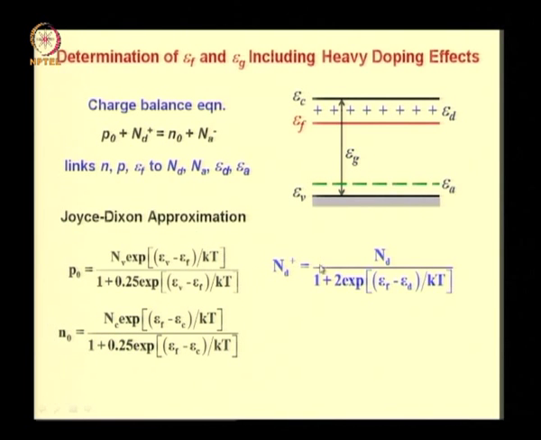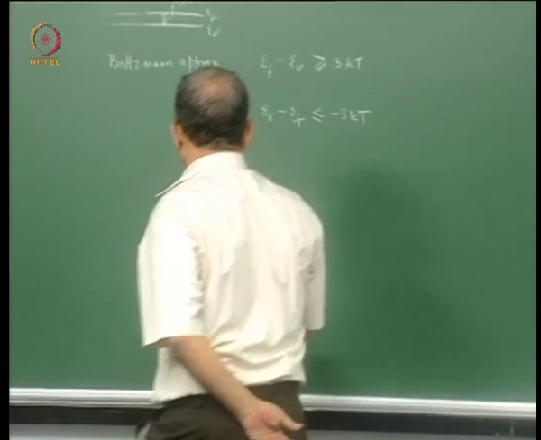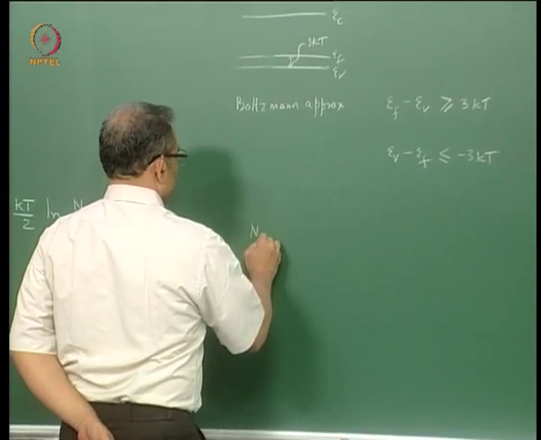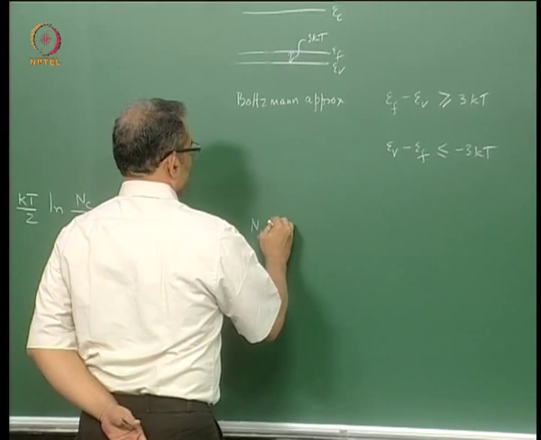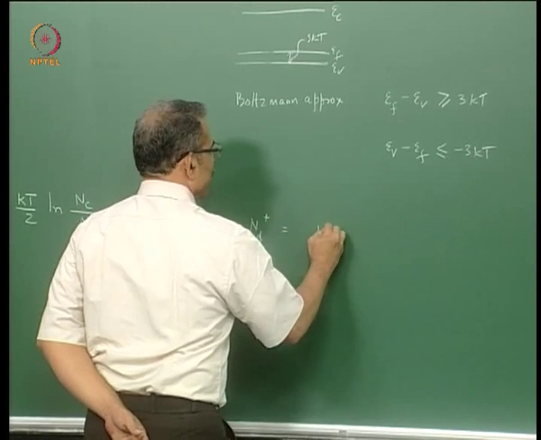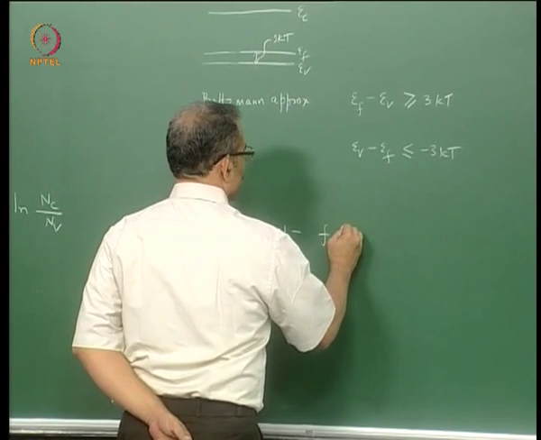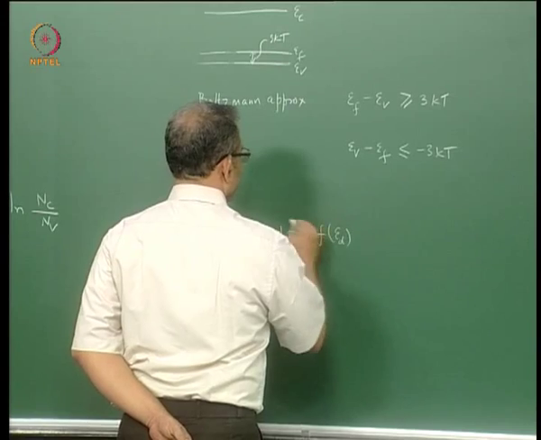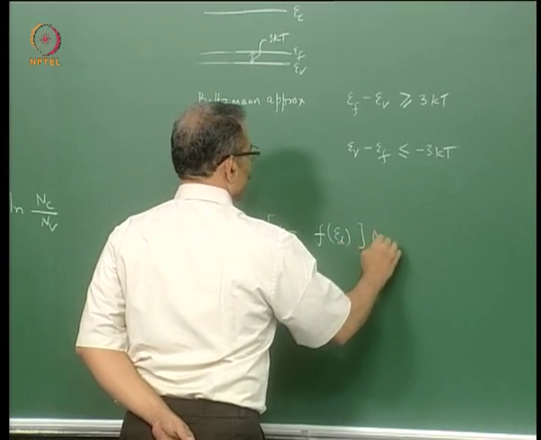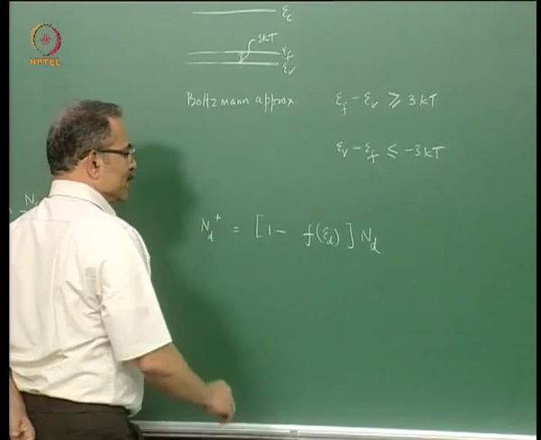The expression for Nd+ in this equation is given by Nd by 1 plus 2 times exponential Ef minus Ed by kT. This you would have come across in the first level course. So Nd+ is equal to 1 minus the fraction of occupied states at Ed into the total concentration of donors.